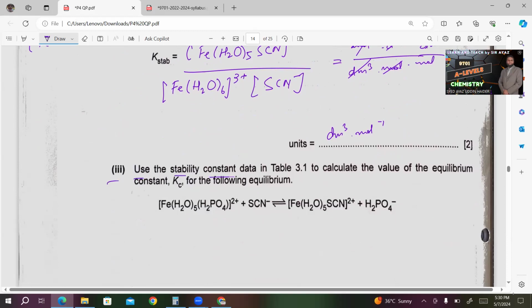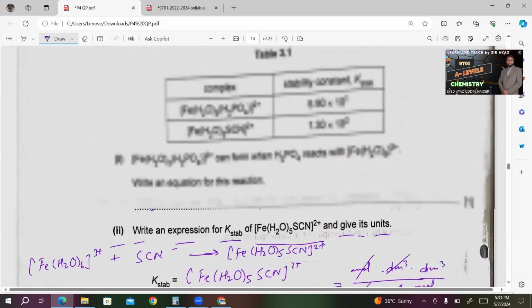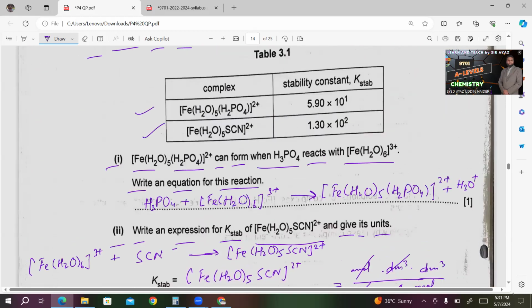Number three, use the stability constant data in table 3.1 to calculate the value of the equilibrium constant Kc for the following equilibrium. Kc must be, if you look at the data, we have these values and use these values.